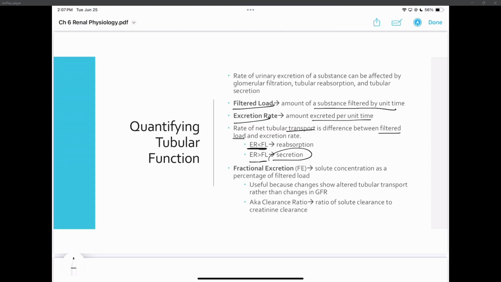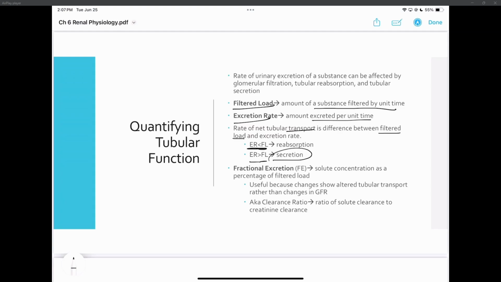If I dumped 20 units of glucose into the tubular fluid, and I excrete 0 units of glucose, where did all that glucose go? I reabsorbed it back into my body. So that's the reabsorption. That's what we're talking about here.